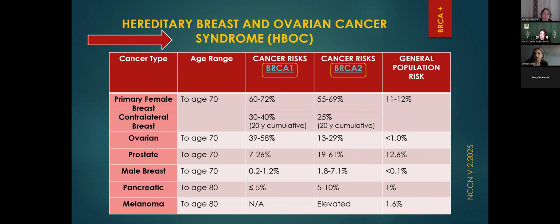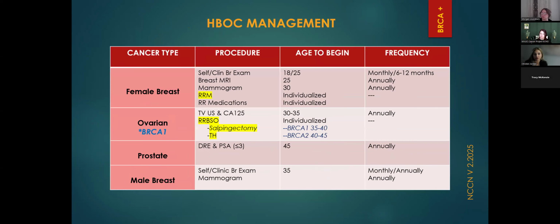We see upwards of a 60% risk, and then BRCA2 upwards of a 30% risk. Prostate cancer risk, again, quite high, highest with BRCA2 upwards of 60%, and then BRCA1 upwards of 26%. We see male breast cancer risk is quite high, again, particularly with BRCA2. Same thing with pancreatic, mostly with BRCA2, and the melanoma only has the association with BRCA2.